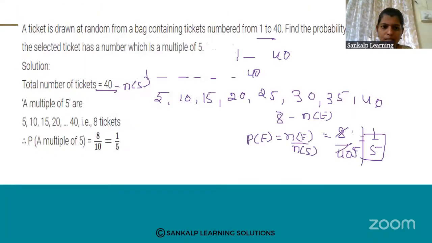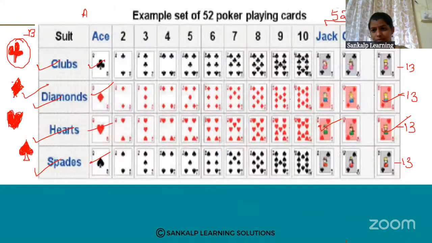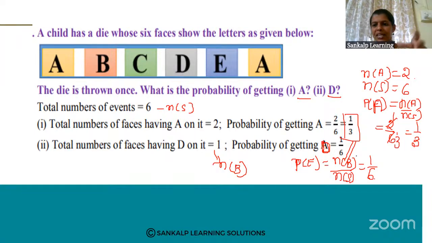So up to this, whatever we discussed, these all are about probability. So how to find the probability of a given condition?